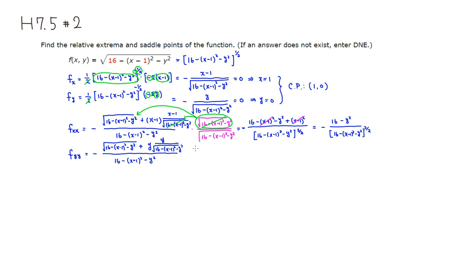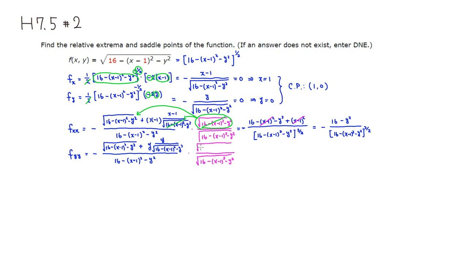All right, so I'm going to use the same trick as before. Multiply the numerator and denominator by the square root of 16 minus (x minus 1) squared minus y squared.